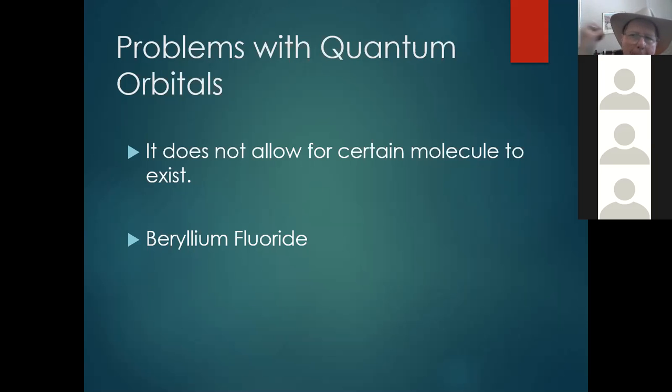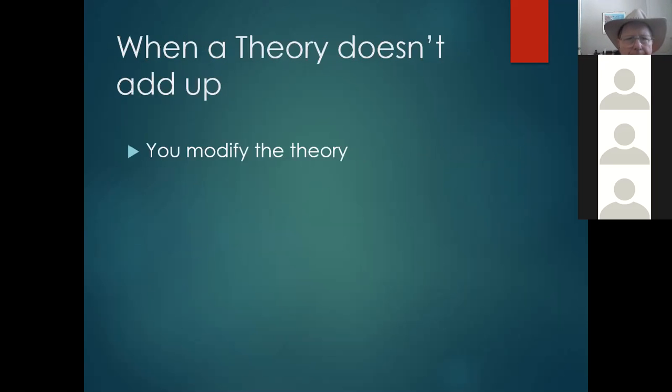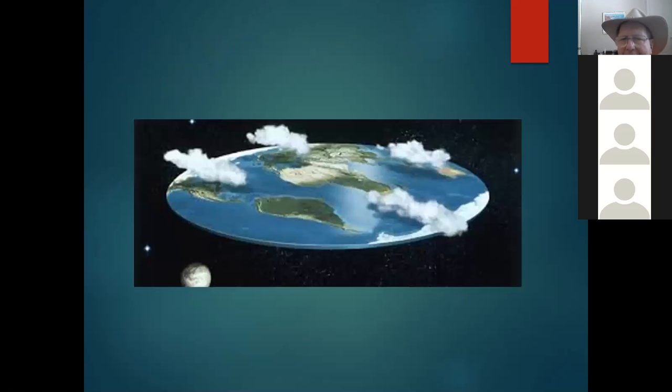Can beryllium bond with anything if all it has is paired electrons? No. But the compound exists. So something has to be wrong with the quantum mechanic theory. So when the theory doesn't add up, you change the theory.